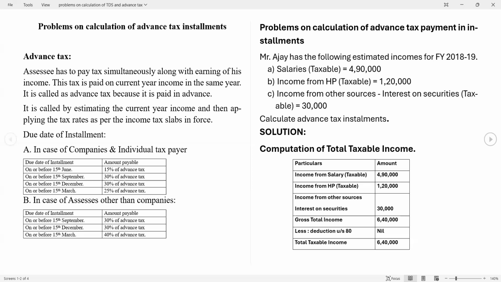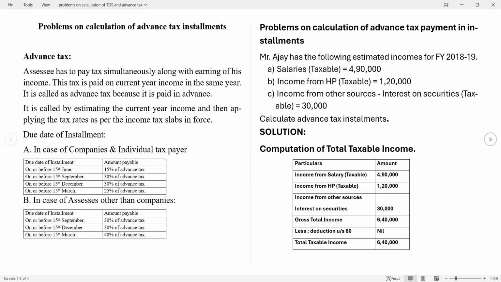On 6,40,000, you need to pay tax. This is step number 1. Once you calculate total taxable income payable by the assessee, the second step is calculation of tax liability. So better you take 3 columns: particulars, tax rate and amount. As I already told you in the last class, in case of individual assessees we follow the old tax regime.